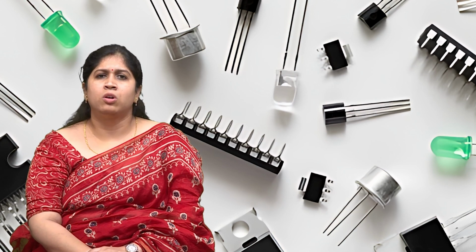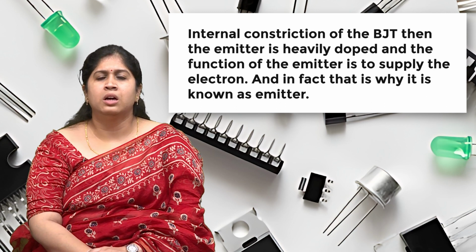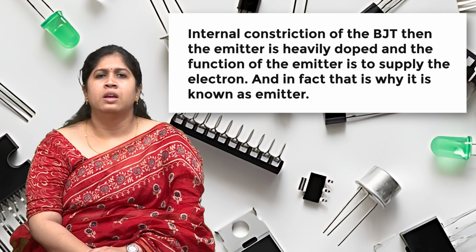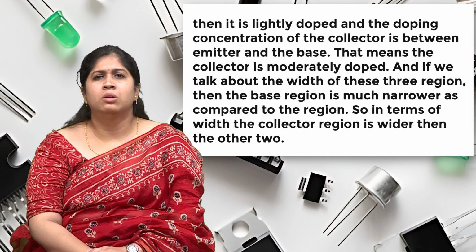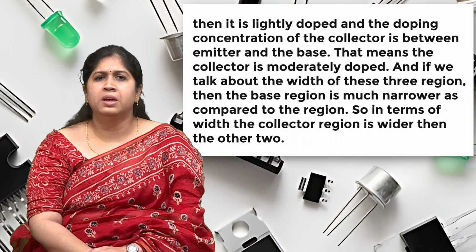Now we talk about the internal construction of BJT. The emitter is heavily doped and the function of the emitter is to supply the electrons, and in fact that is why it is known as emitter. The base is lightly doped and the doping concentration of the collector is between emitter and the base.